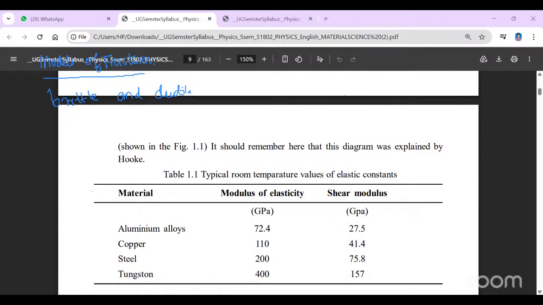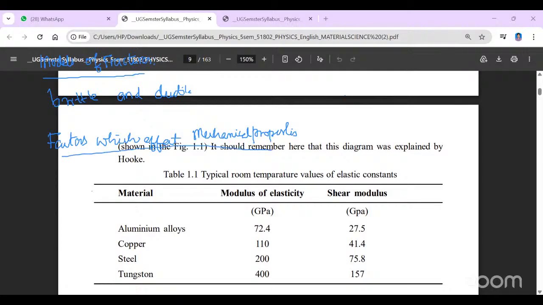The factors which affect the mechanical properties. So far, we have seen some important mechanical properties.